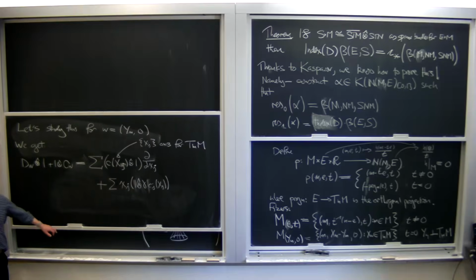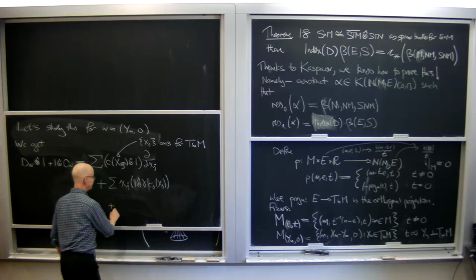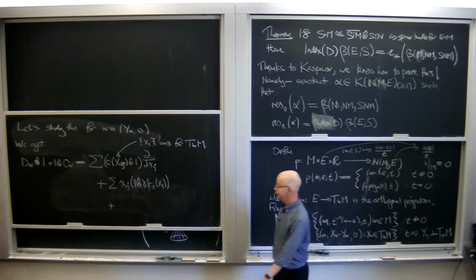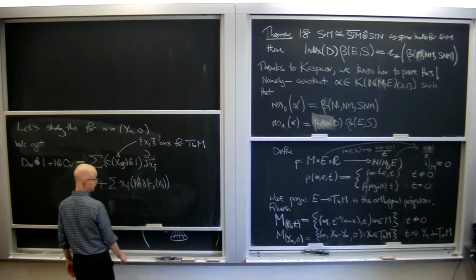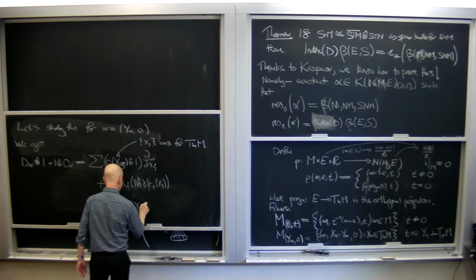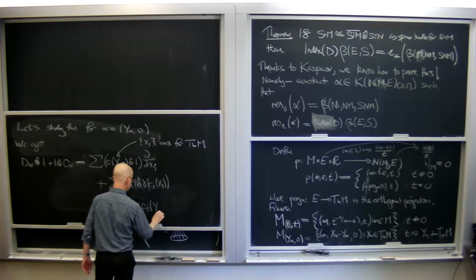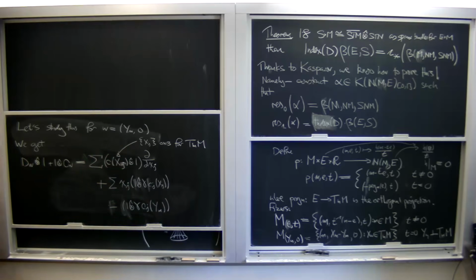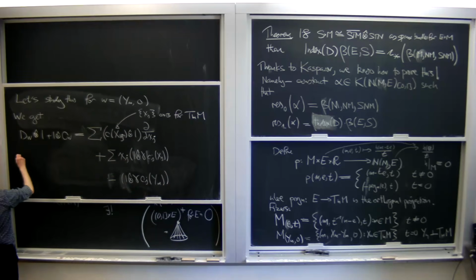But we're not quite done, because there's this final y here that we have to take into account, and we'll also get the same sort of thing, 1 tensor gamma, Clifford multiplication by y. This one. Now we're done. We want to understand what's going on.